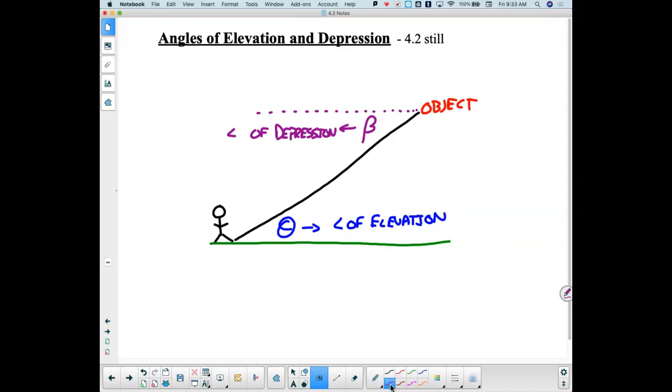Okay? The angle of elevation from you to an object is the same as the angle of depression from the object to you, because those horizontals are parallel lines, and they're alternate interior angles. Just when you thought you got rid of all of those, bam, they come back.